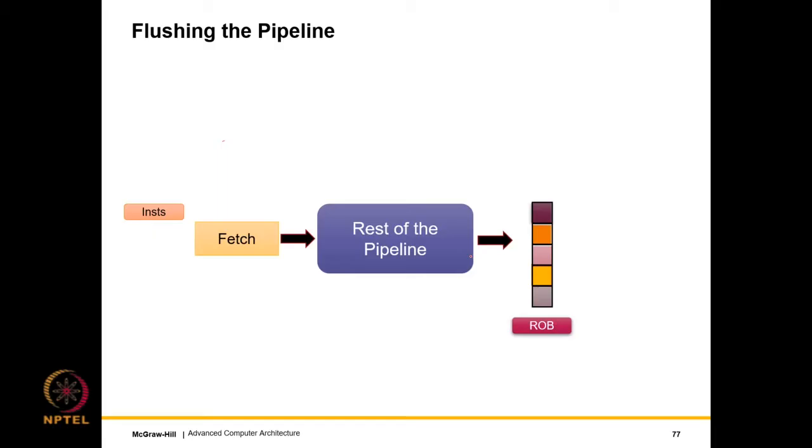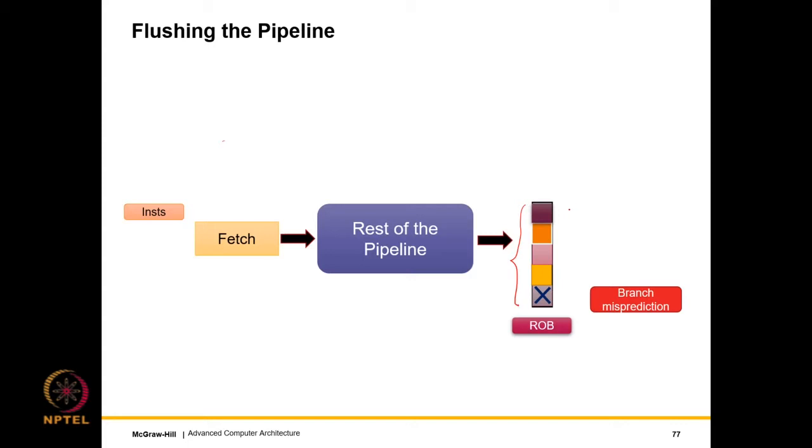We have now fetched and decoded 5 instructions, and you can see that all these 5 instructions are present in the reorder buffer over here. Now let's assume that the latest instruction that was fetched suffers from a branch misprediction.